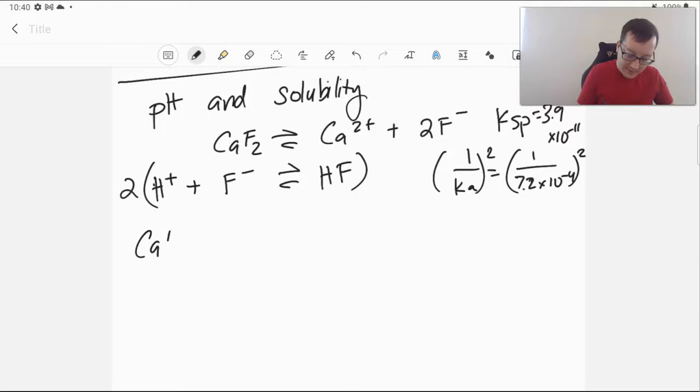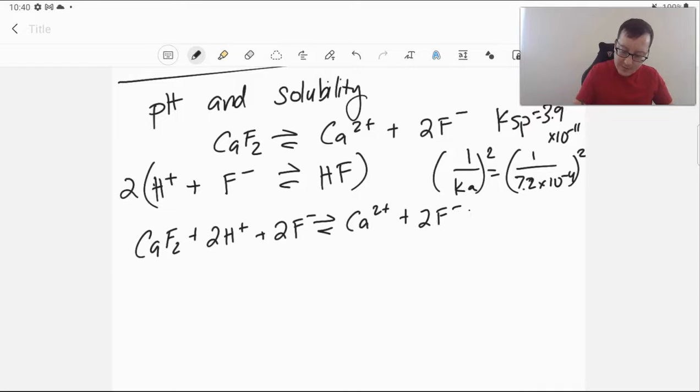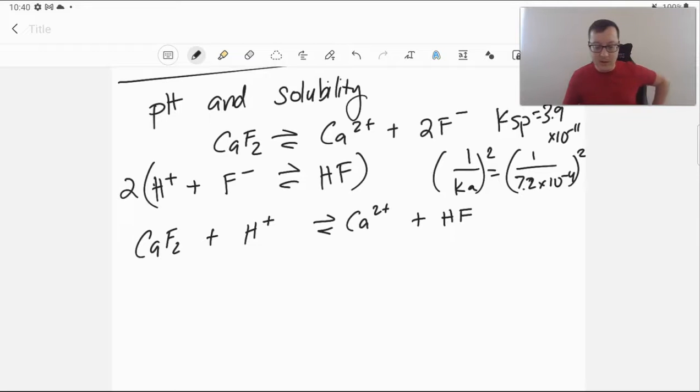So we'll have that. All right, so when we have this now, we're going to combine our reactions. We're going to get CaF2 plus 2H+ plus 2F- turns into Ca2+ plus 2F- plus 2HF. And again, our F- will be the same on both sides. So by adding in acid, we're going to be able to increase our solubility of this compound.